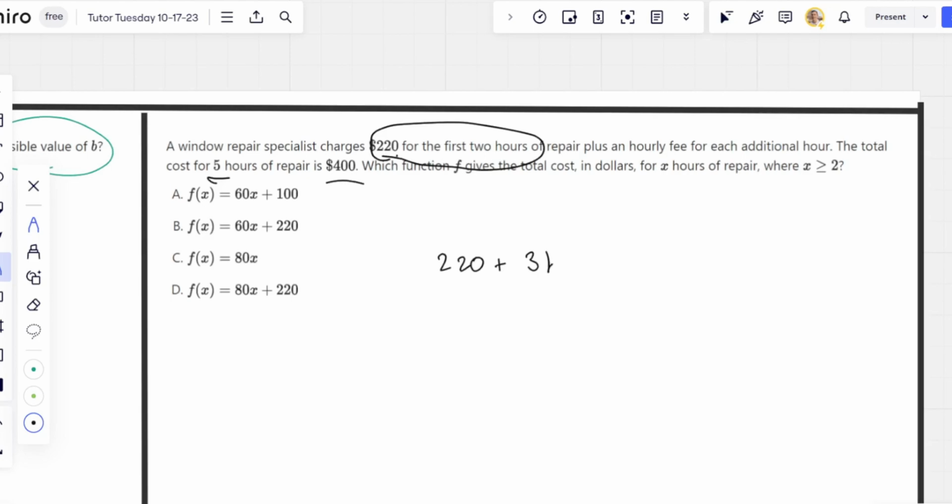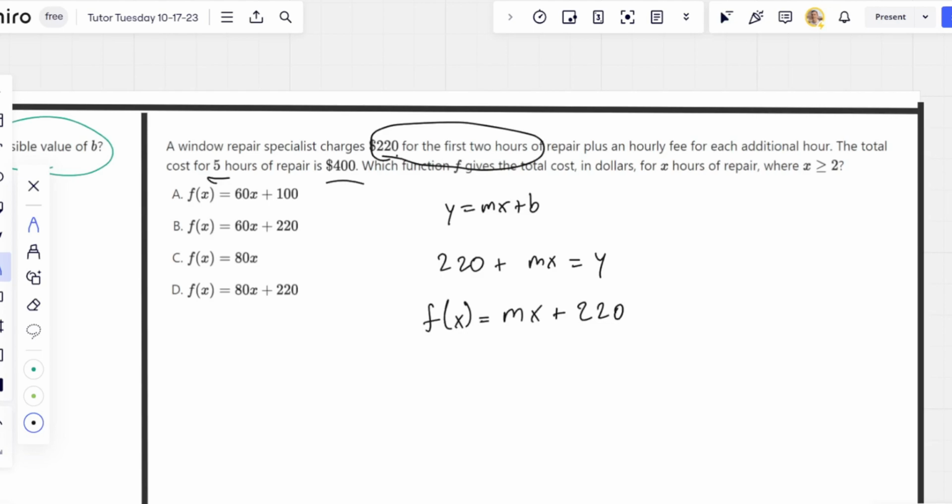Let's say this is like 220 plus mx equals y. Or if we want to write this in y equals mx plus b form, let me just convert this to say f of x equals mx plus 220.